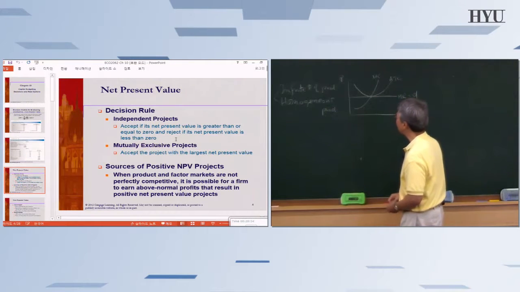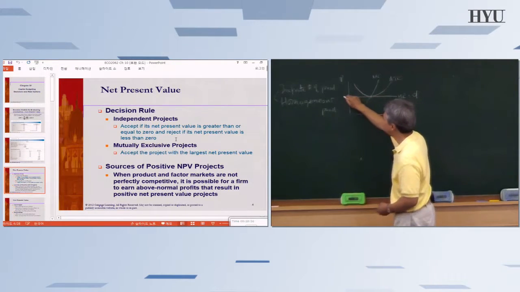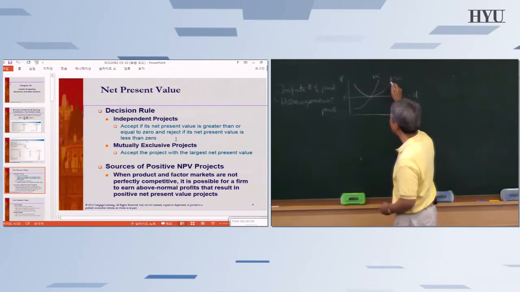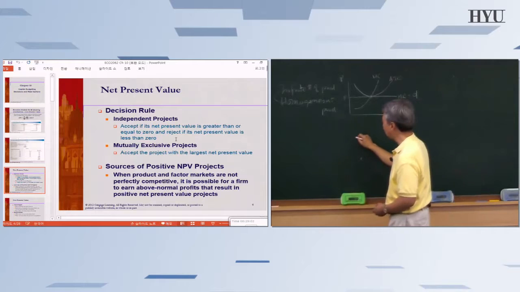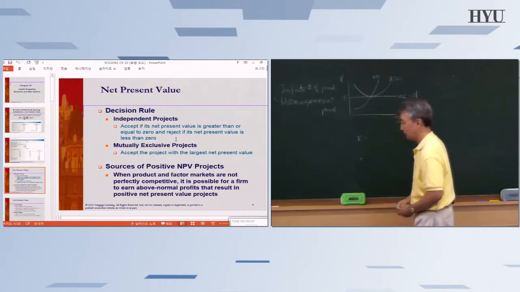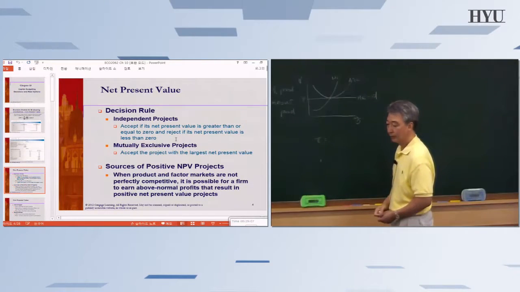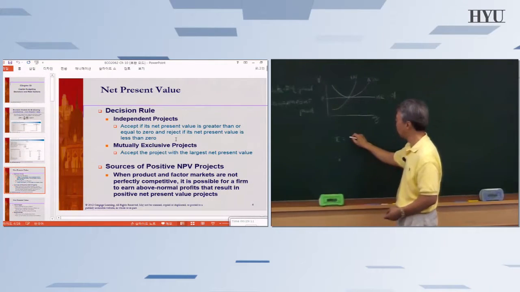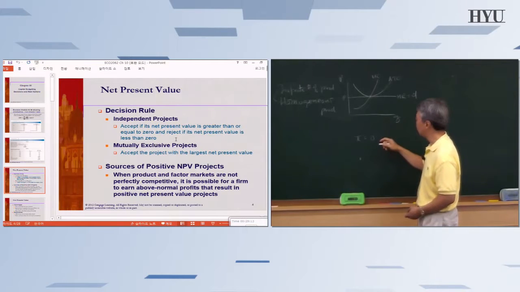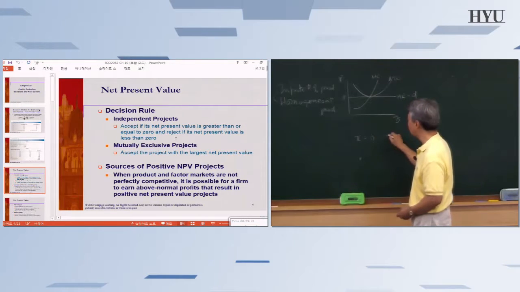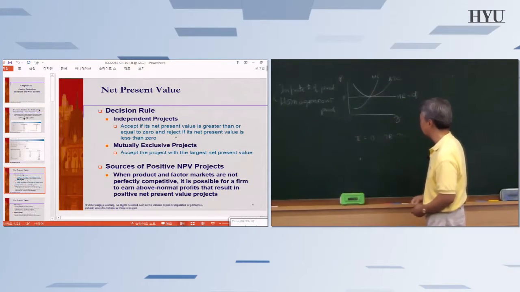If that's true, then the price is equal to marginal cost and average cost. So what happens to your profit? Your profit is 0, because profit is total revenue minus total cost, right?